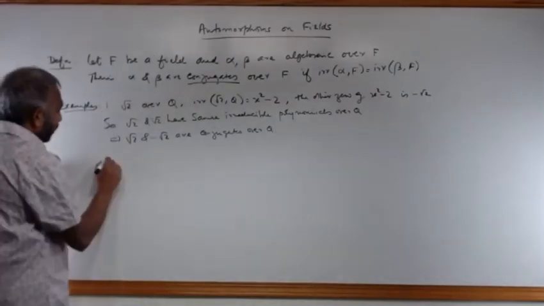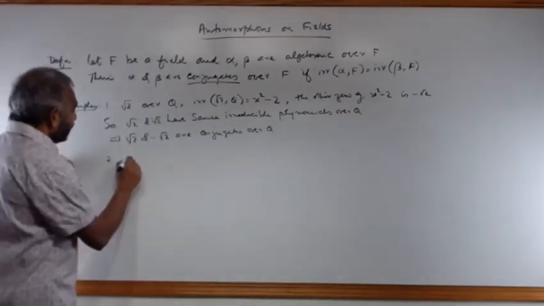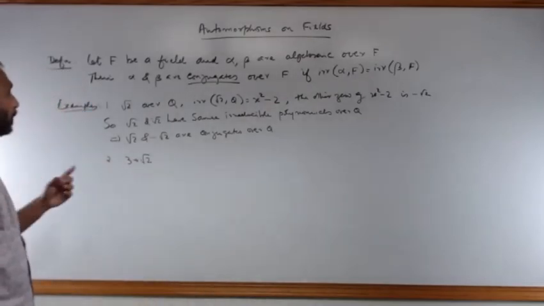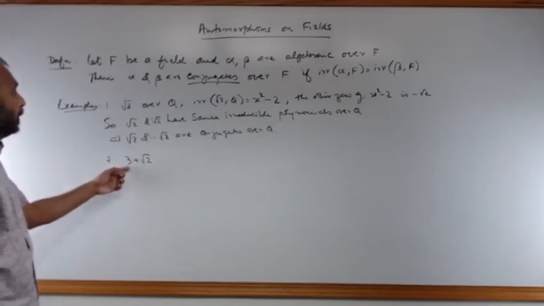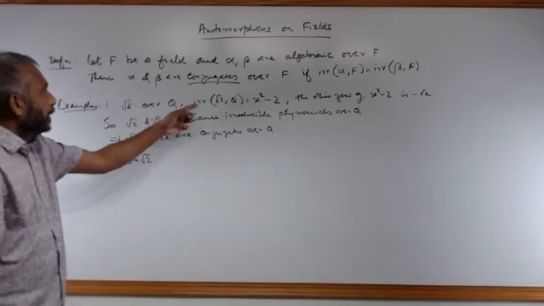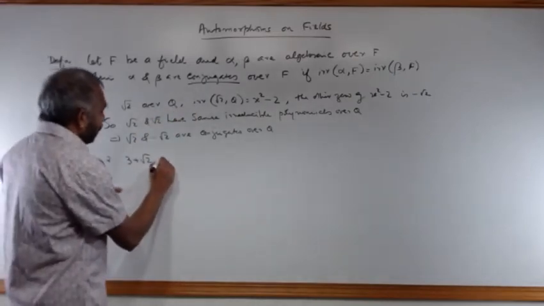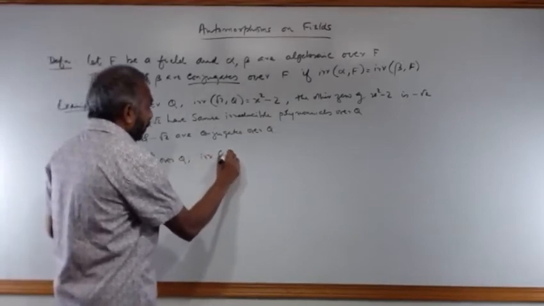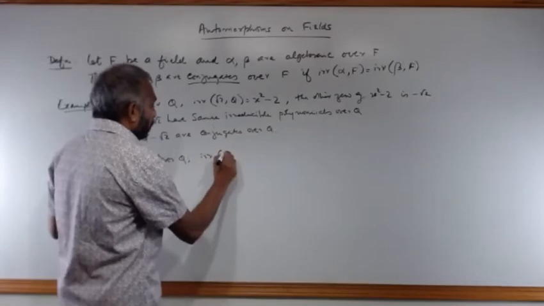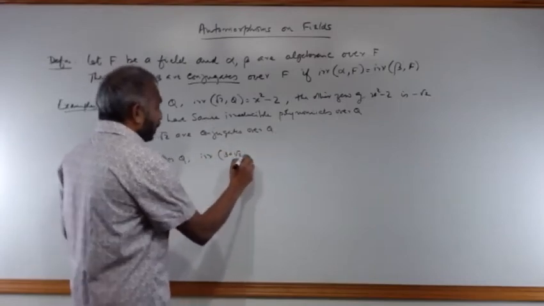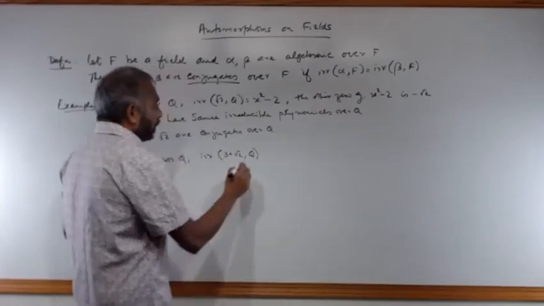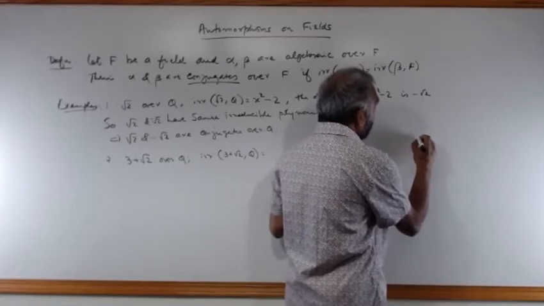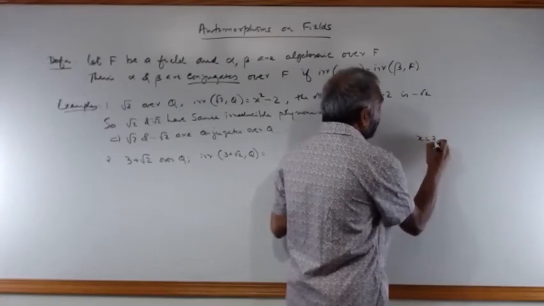Let us take another one. Let's take 3 plus root 2. So first thing we have to do is we need to find out the irreducible polynomial of 3 plus root 2 over Q. How do you find it out? x equal to 3 plus root 2.